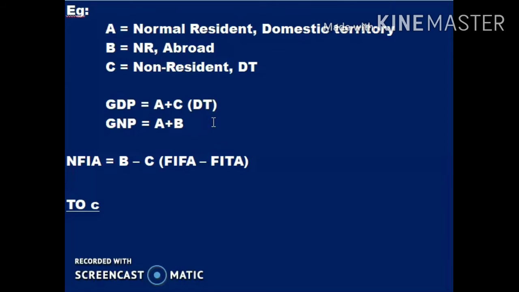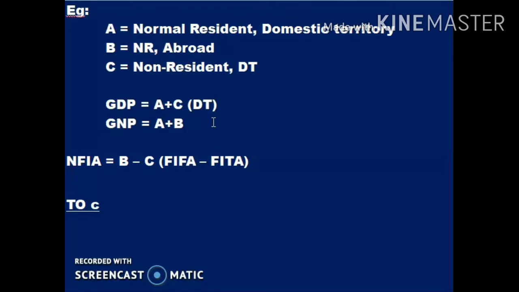In the B part, the normal residents who are working abroad give income to our country, so it is factor income from abroad. The non-residents who are working in our country contribute to other nations, so that is factor income to abroad. When we subtract these two, we get NFIA.